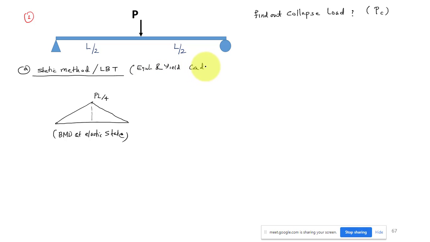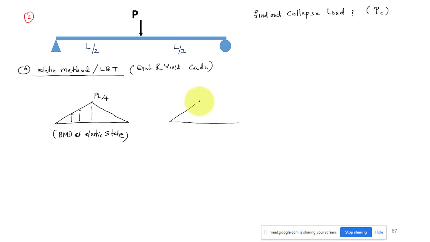Yield condition means your cross-sectional moment should be MP, which happens at the ultimate stage. If you keep on increasing the load, all the moment values keep increasing. At the section with the maximum peak moment, that moment will reach the plastic moment first.